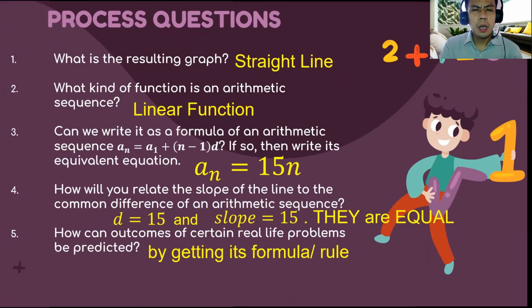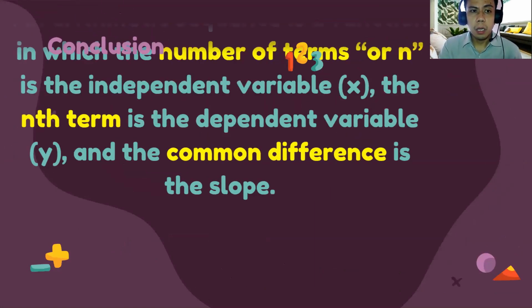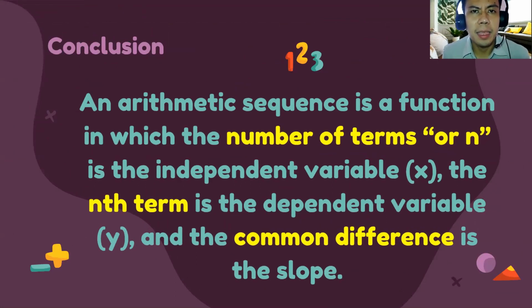So what conclusion can we derive from this problem? We can say that an arithmetic sequence is a function in which the number of terms, or n, which is the number of brownies being sold, on the x-axis, is the independent variable. When we say independent variable, it can stand alone.